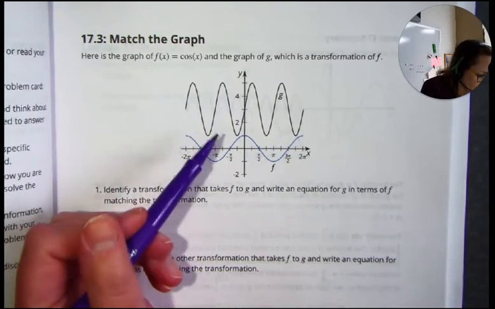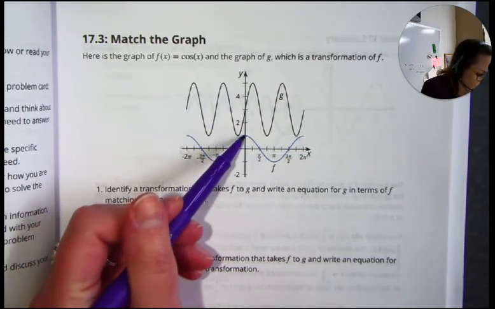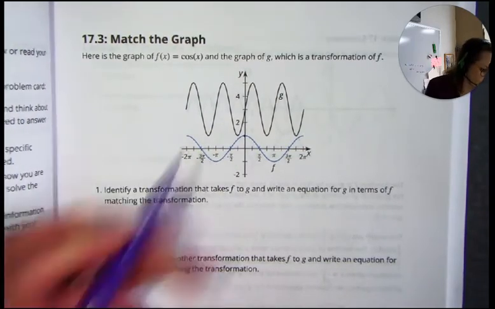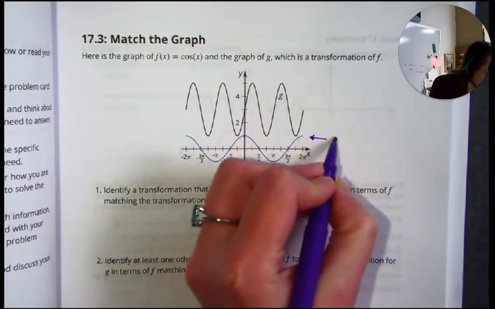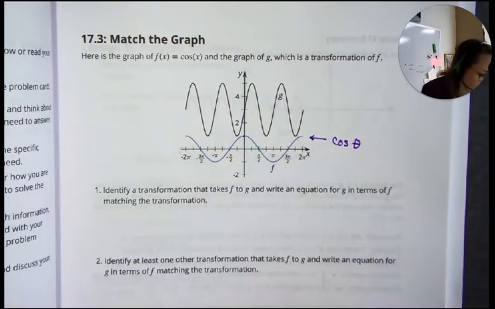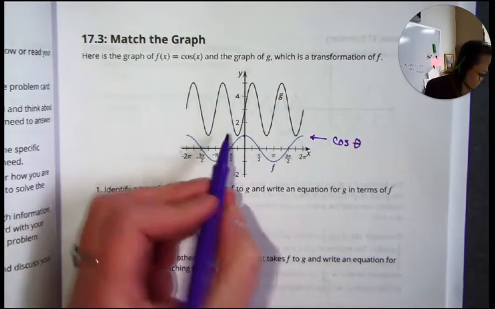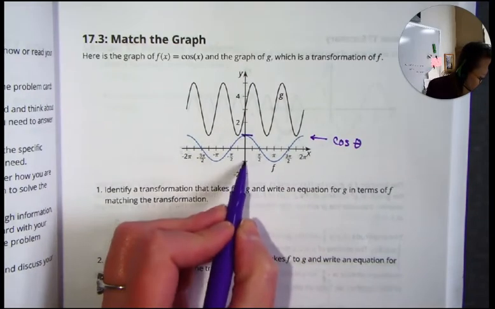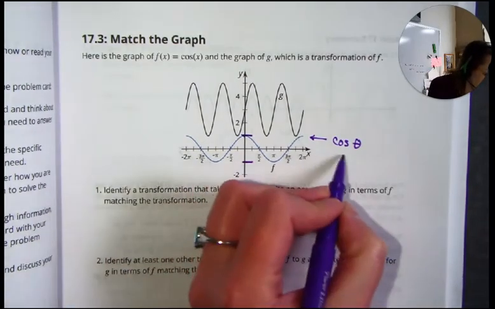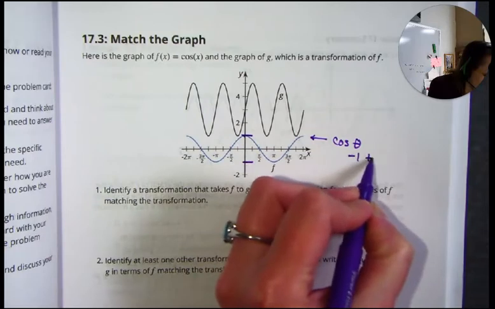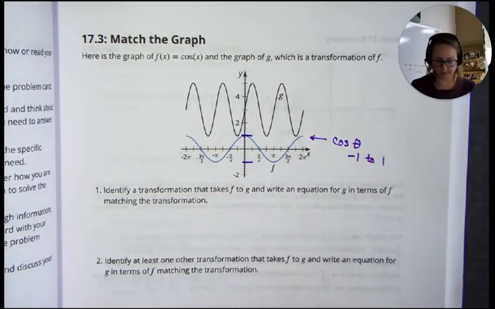All right. So let's say we start with a cosine graph. Right now this cosine graph is from -1 to +1.